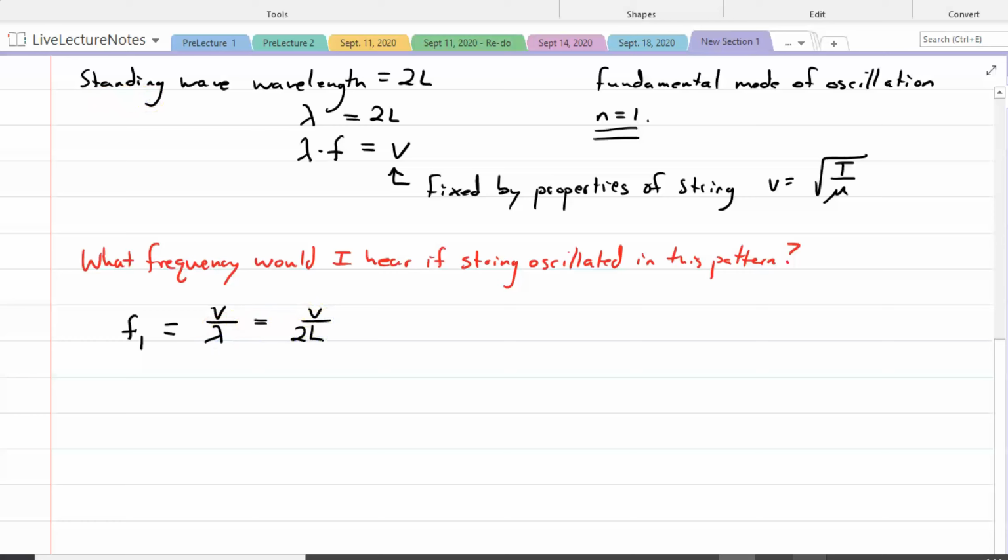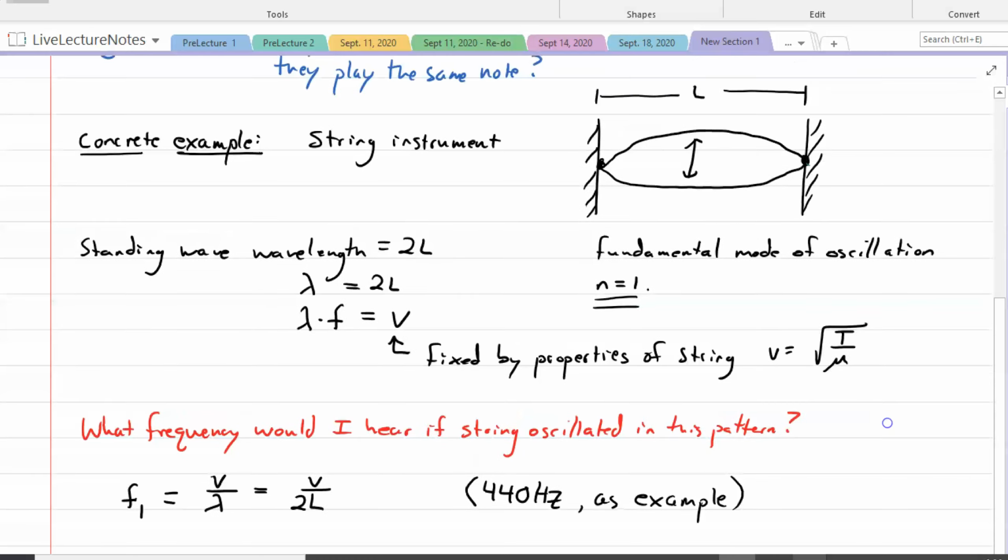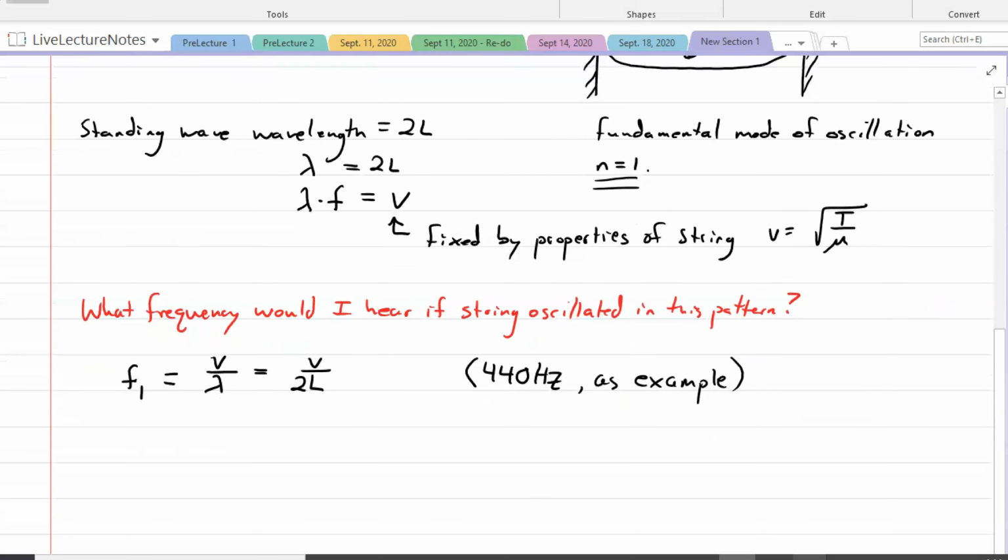That would be the frequency that I hear. Maybe, for example, if you're tuning your instrument at the beginning of an orchestra concert, we could say this is 440 hertz as an example. So if I could get the string to oscillate in this nice jump rope kind of pattern, I would hear a pure tone of 440 hertz.